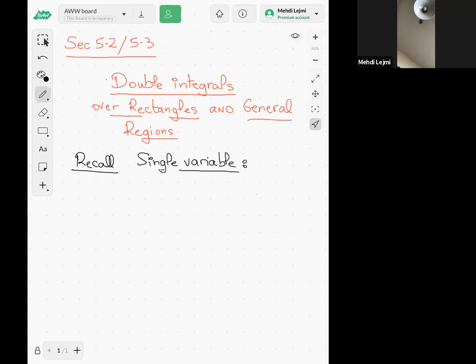Okay. So we start with, of course, some function f of a single variable, x. Of course, we need f to be a continuous function. So let f of x be a continuous function on some interval AB.